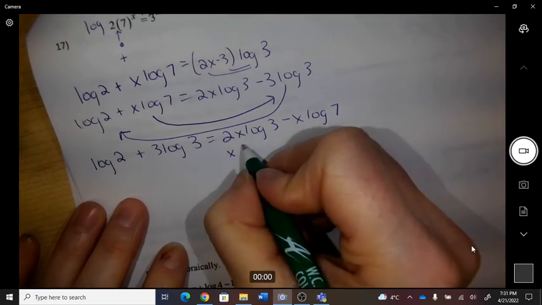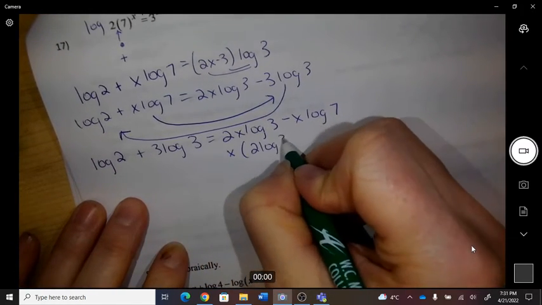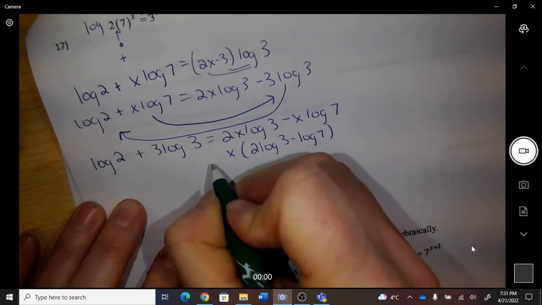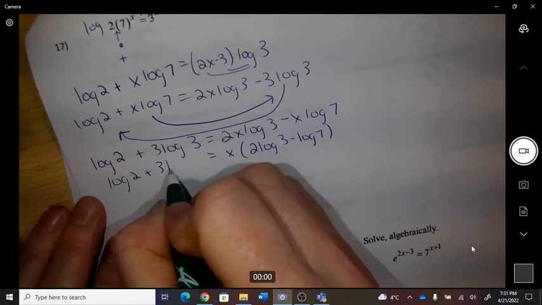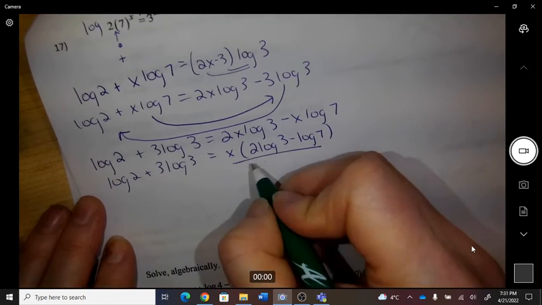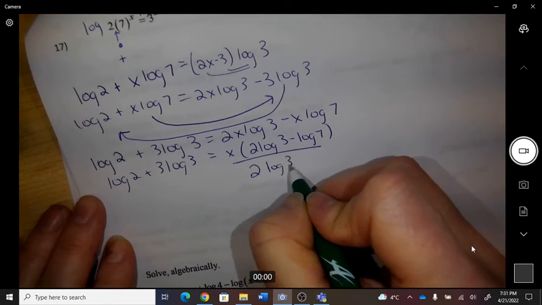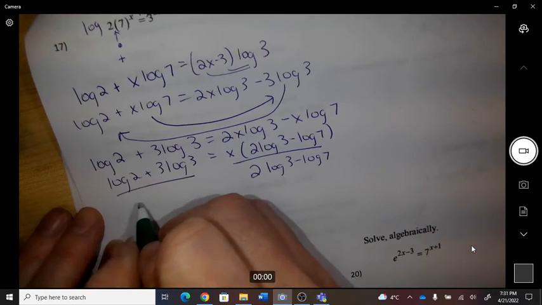So I'm going to take an x out, and then to get x alone, I'm going to divide by 2 log 3 minus log 7.